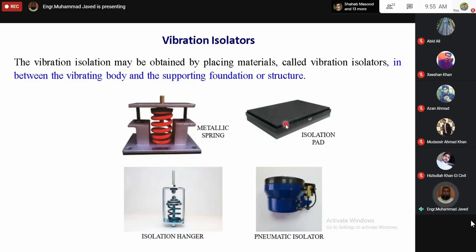One of the examples all of you have seen in the bridges, that below the bridge deck and between the bridge pier, special type of rubber layers are provided. These rubber layers basically reduce the dynamic force transmitted from the superstructure to the substructure. And there are similar other arrangements which are used at various locations.